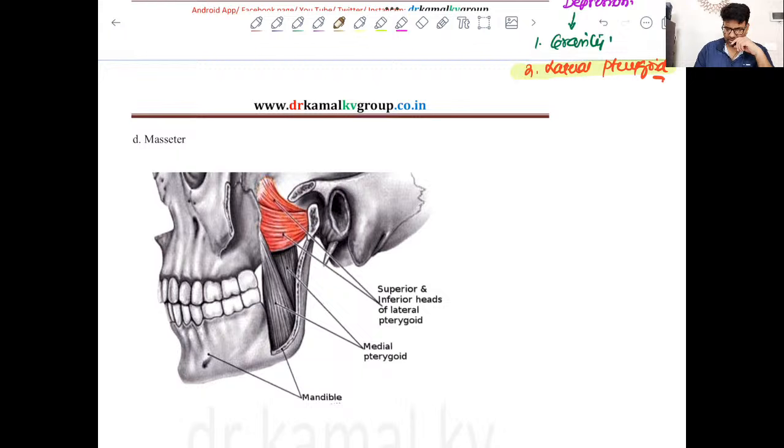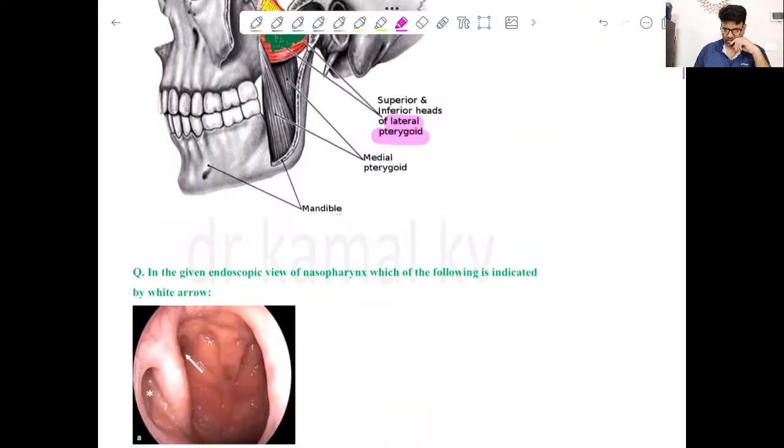On the upper side is the superior head, and on the lower part we have the inferior head. So these are the two heads of lateral pterygoid. Fine. So depression of mandible or opening of mouth.